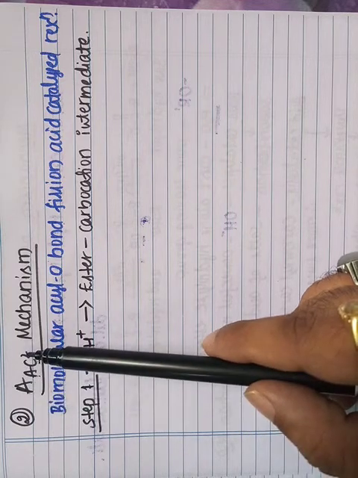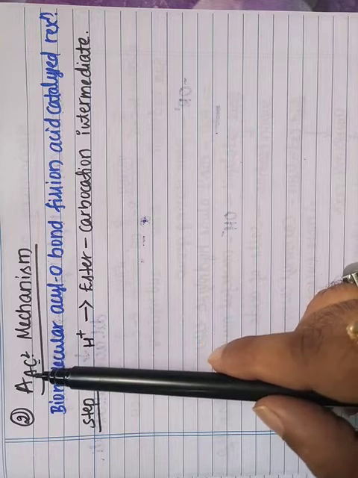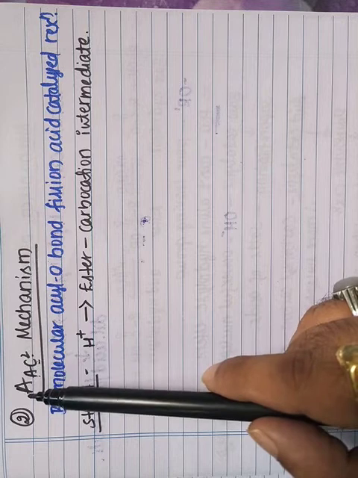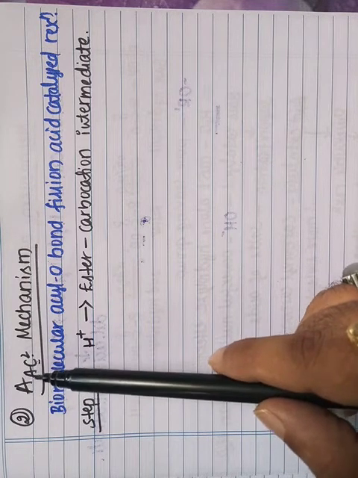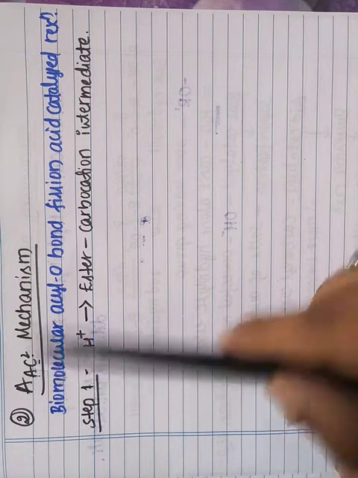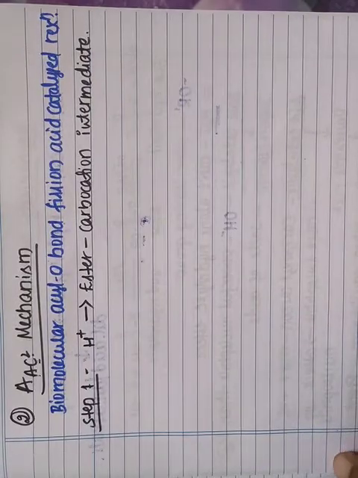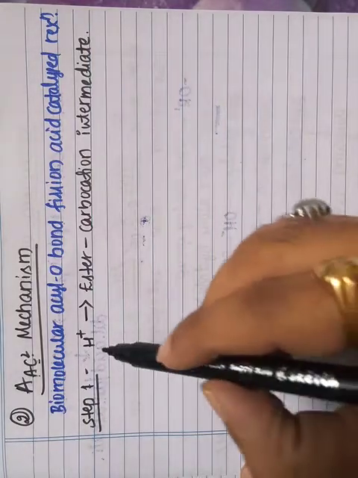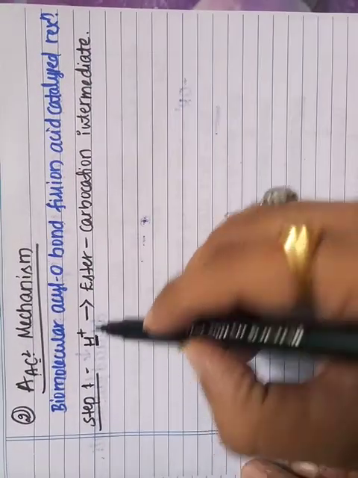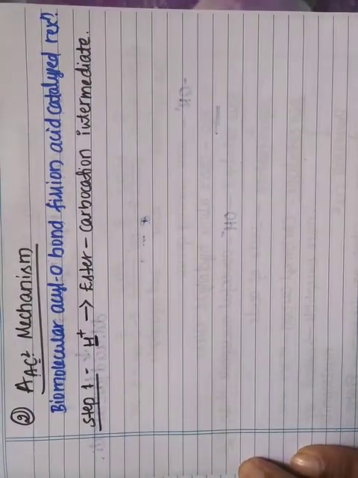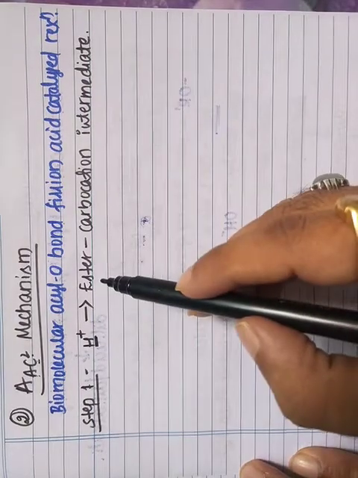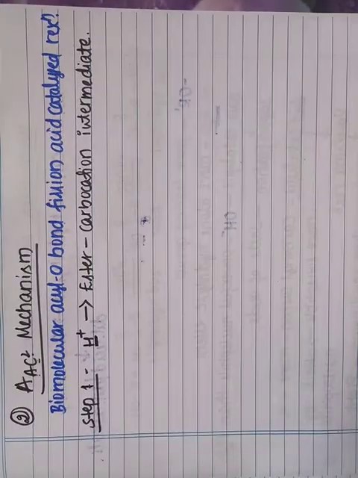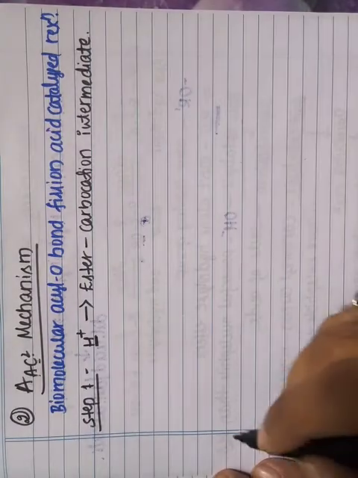The 2 indicates it is a bimolecular reaction, AC indicates acyl oxygen bond fission, and A indicates it is an acid catalyzed reaction. In the first step, the proton produced from the dissociation of the acid will attack the ester to form a carbocation intermediate.